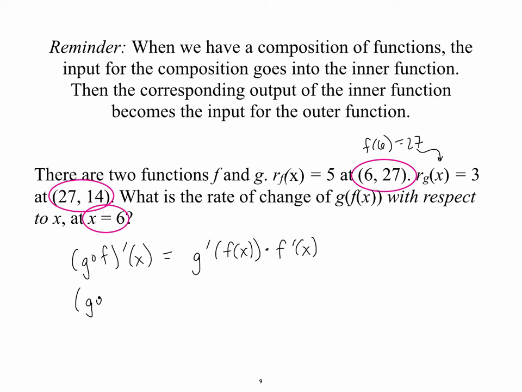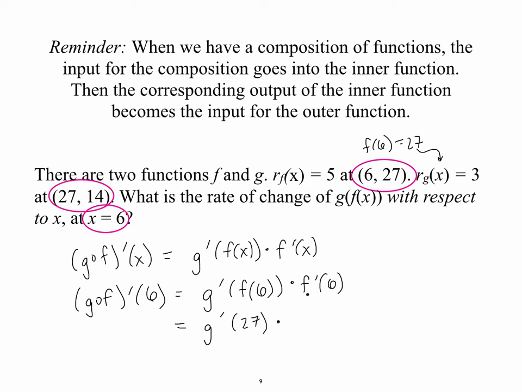If I want to find this value when x equals 6, then I look at the rate of change of g with respect to f at 6 times the rate of change of f at 6. And the rate of change of g at f of 6 is 27. The rate of change of f at 6 is 5. That's what this equation gave.